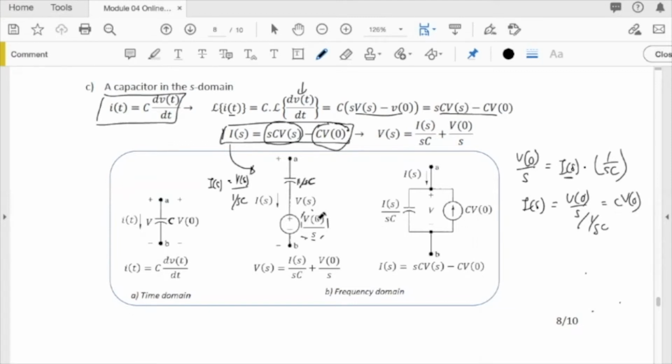So this part will give you CV0. The negative sign depends on the direction of the current. In our current I(S), the current moves from positive to negative, but here we have positive, so the current will be flowing out from the positive terminal. Because of the reverse direction, we have a negative.